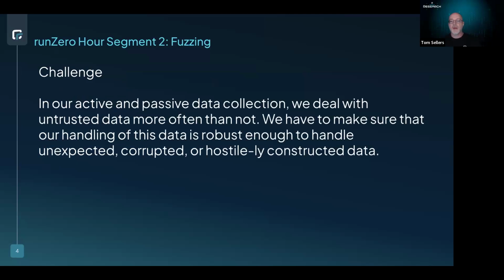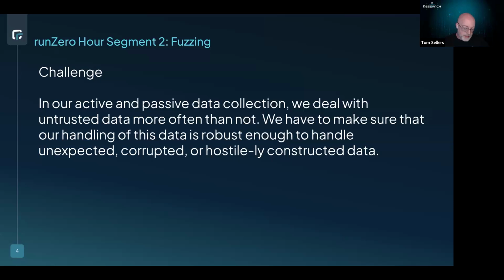Those cases are incredibly few and far between, and we have to make sure that whenever we handle this data, whether it's unexpected because of its protocol difference, or it's corrupted, or it's been hostilely constructed, that we've coded defensively enough that it doesn't cause any security issues, doesn't cause our product to fail, and doesn't inject garbage data into our results. All of those are undesirable.